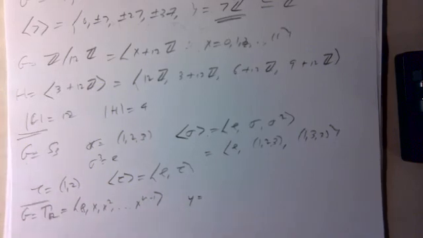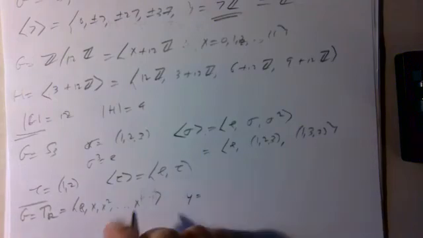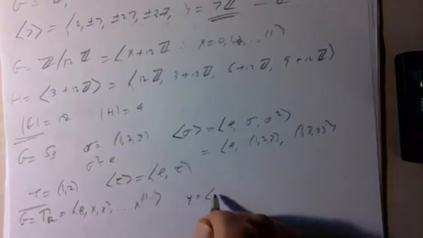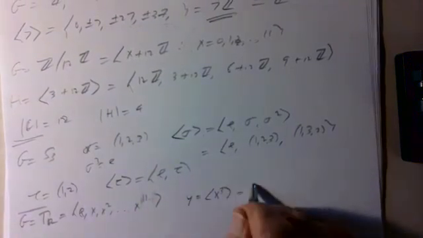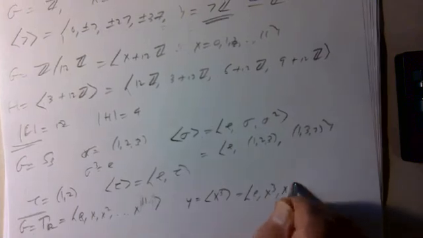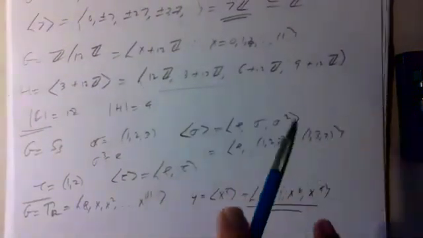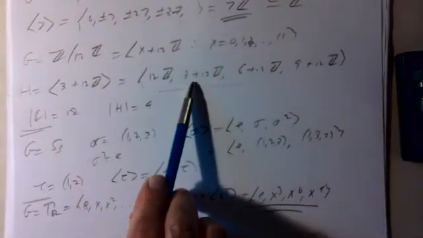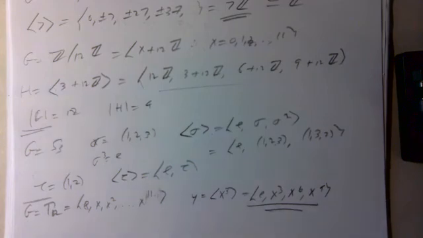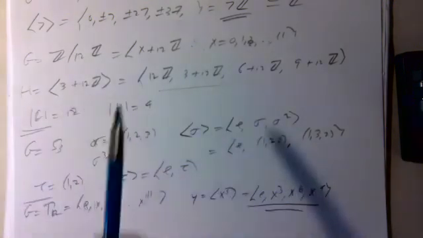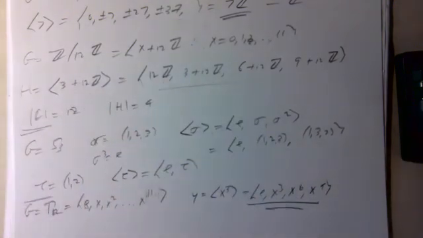So this goes up to x to the 11. What's the subgroup generated by x cubed? It's going to be E, x cubed, x to the 6th, x to the 9th. You notice this and this are essentially the same thing. This is an additive group, this is a multiplicative group, but they look exactly the same. The word we use to describe that is isomorphic. So this additive group and this multiplicative group are isomorphic.